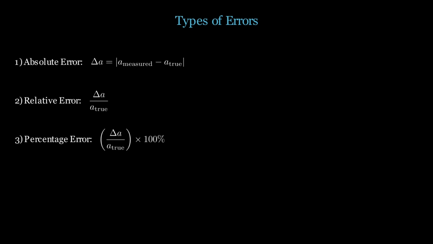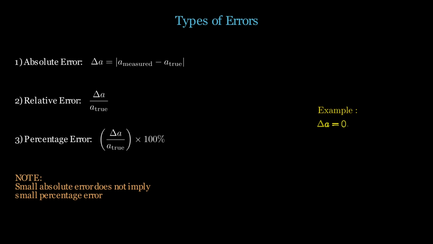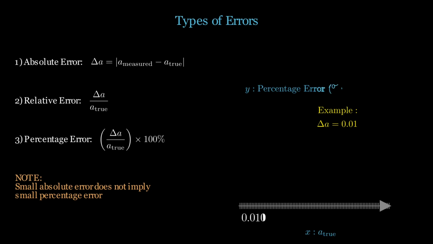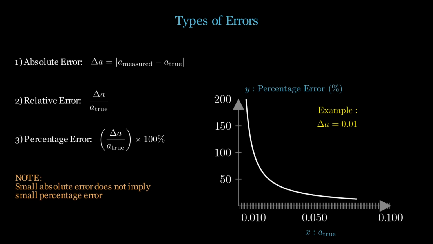Now, a point to note is that even if the absolute error of a measurement is tiny, it is not guaranteed that the percentage error is also small. In fact, what may at first look like a good or convenient absolute error to your eyes can result in an enormous percentage error if the true value of A is also small, and you can see that right here in this demonstration.